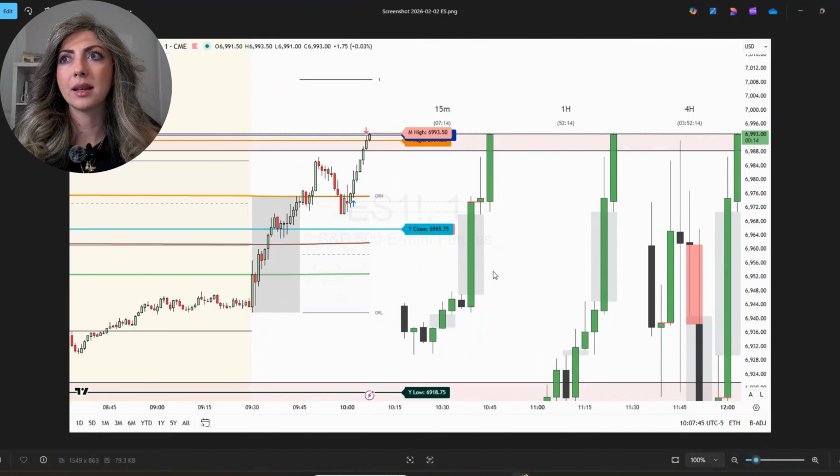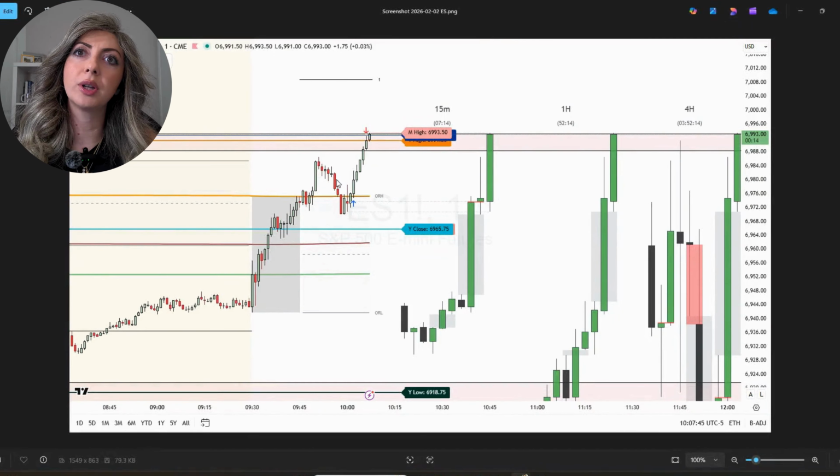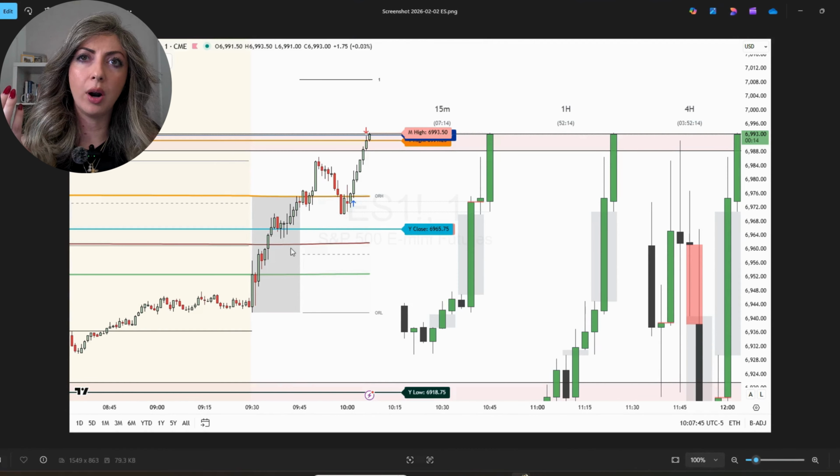As I said, this structure was clear, so I was waiting for a break of the 15-minute ORB, and then to see if we can also hold, break the ORB, and retest the area of the first 15 minutes.